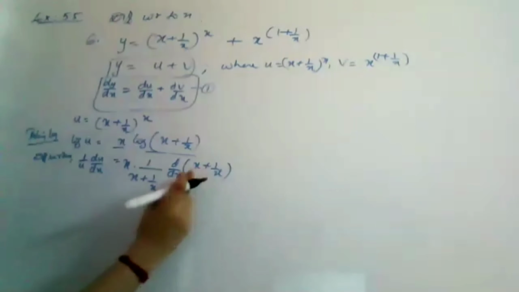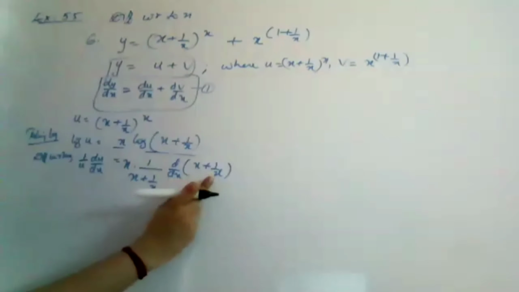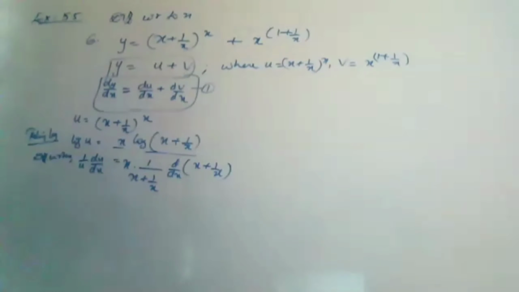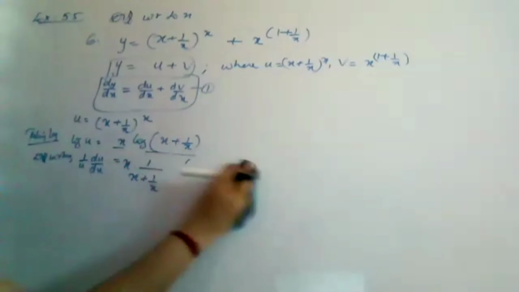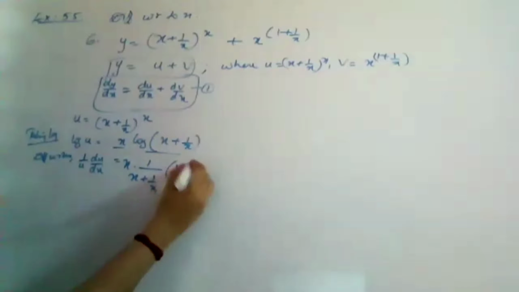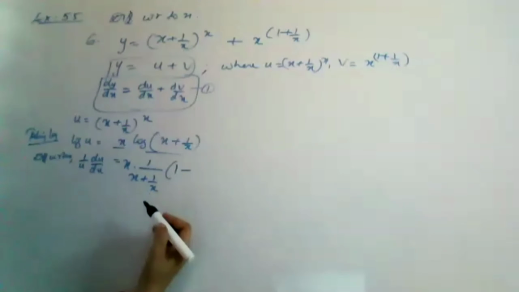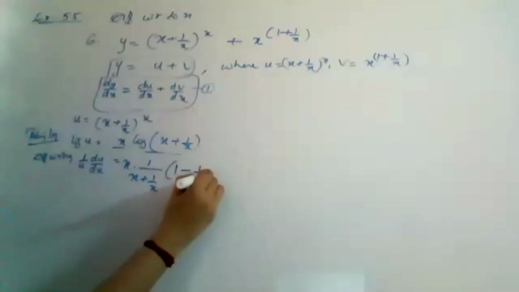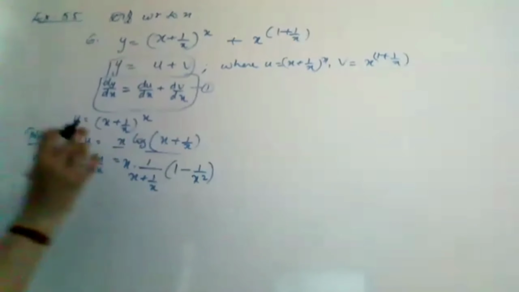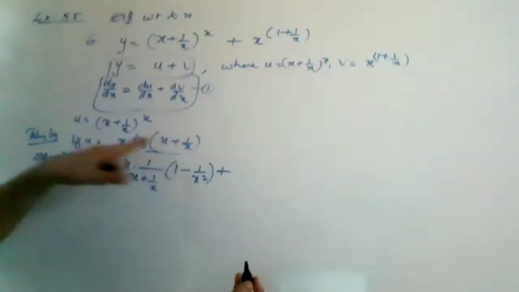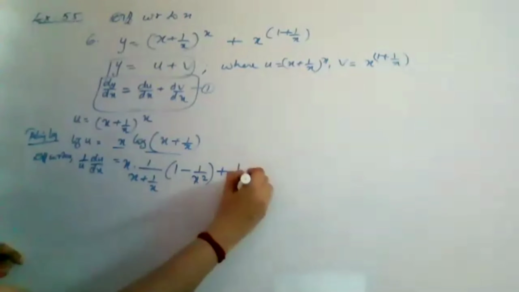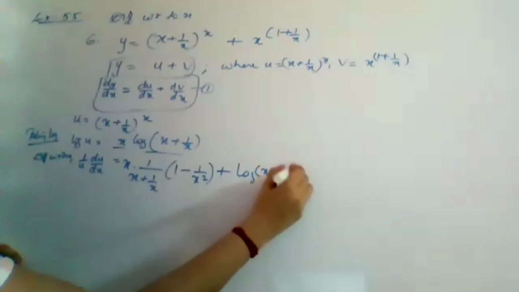So this will give you derivative as 1 and here you will have minus 1 by x square. Derivative of x is 1 and derivative of 1 by x is minus 1 by x square. So you get 1 minus 1 by x square. Okay, that is your first term. Plus log of this into derivative of x. So you get log of x plus 1 by x into derivative of x is 1.